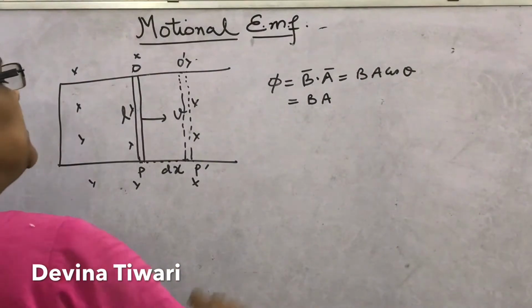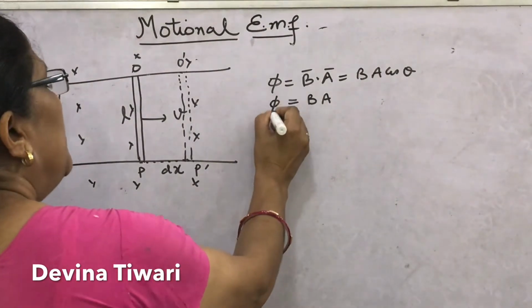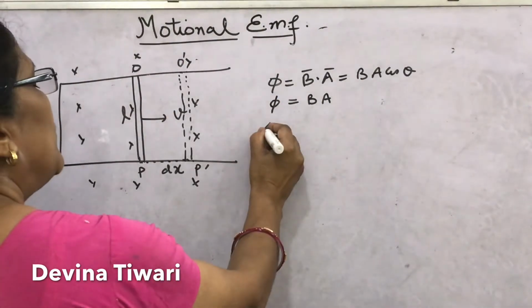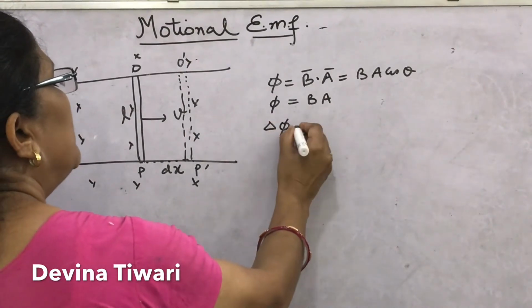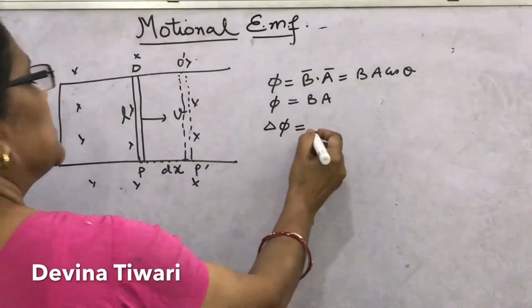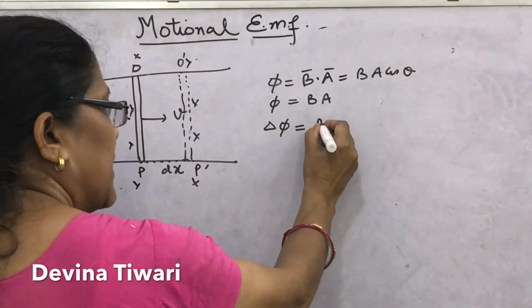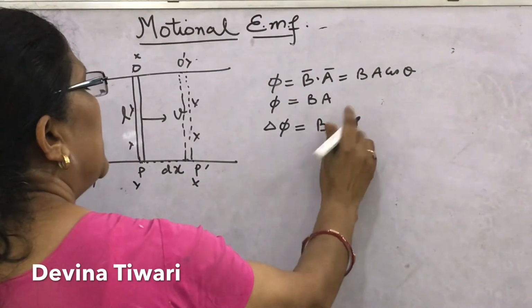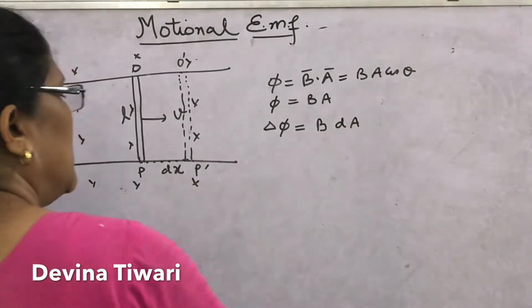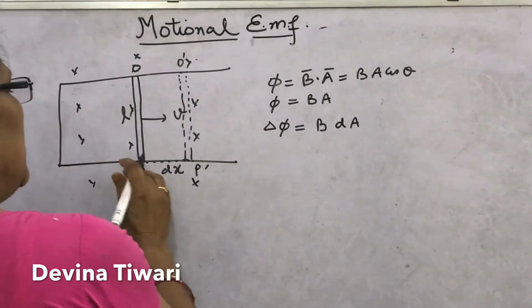So, this is flux. Due to the motion of the rod, what will be the change in flux? How will you find the change in flux? B is constant, so you can write B here, and here dA, the change in area. What is the change in area?